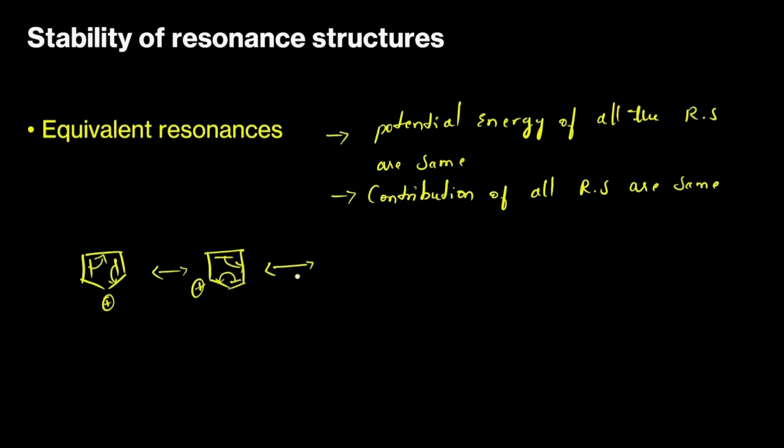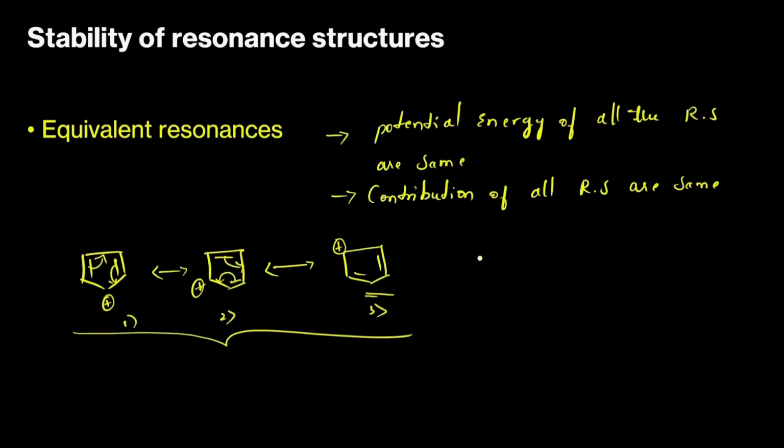Therefore you can write it as positive charge will be here. So in all cases, the positive charge is on a carbon atom. In all three cases, the potential energy of all the resonance structures is the same, and also the contribution of all the resonance structures is the same. These are nothing but equivalent resonance structures.